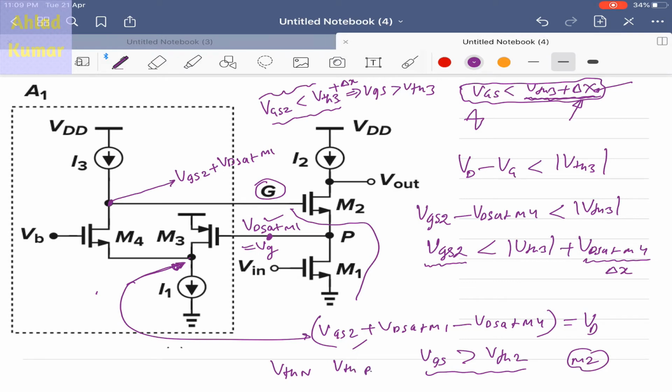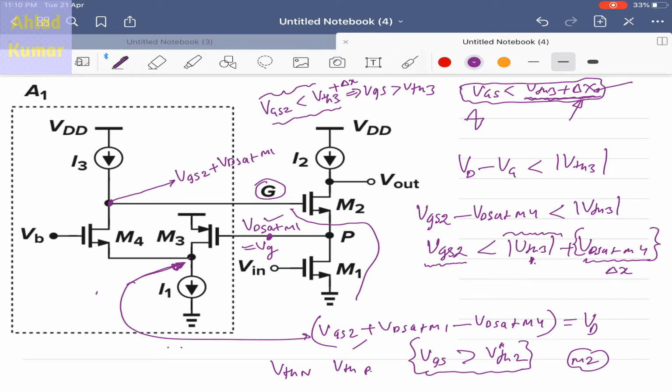If that is the case, this margin is very small. That is, the magnitude of the difference between VTH2 and VTH3 is very small. There can be a chance that VGS2 becomes a little more than VTH3, and at that point M3 will turn into triode. But now we are adding an extra element, VD set of M4, along with this VTH3.